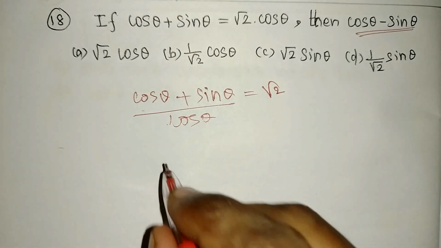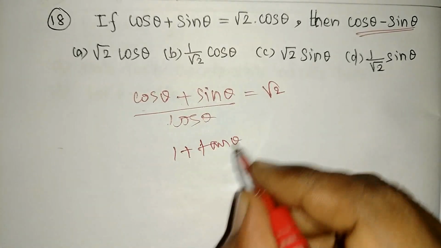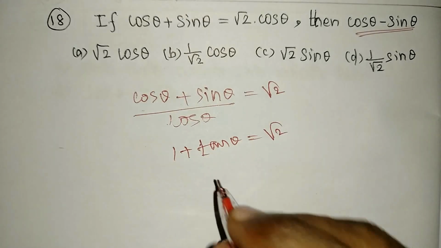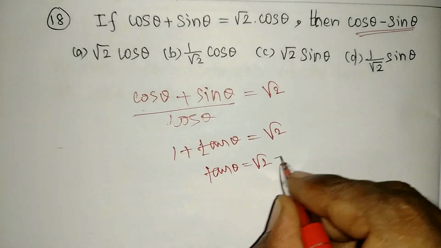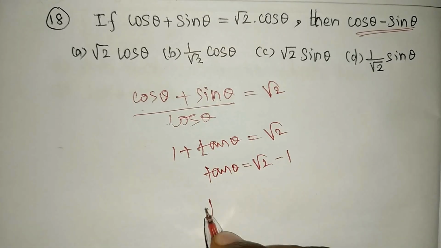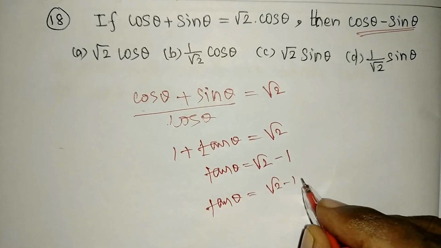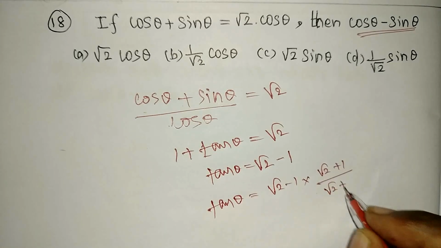So cos by cos you will get 1, sin by cos is tan. So 1 plus tan theta equals root 2. The number can be sent fully to one side. So here we have tan theta equal to root 2 minus 1. That's it. Now see, I'm going to take the conjugate for this. So tan theta is equal to root 2 minus 1 into root 2 plus 1 over root 2 plus 1.